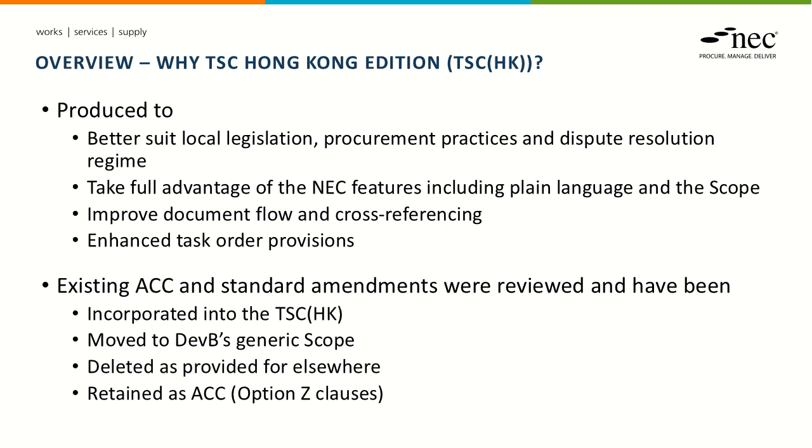In creating this edition, we have reviewed the Development Bureau's standard ACC and standard amendments, and where possible, incorporated them into the Hong Kong edition, or moved them into the Development Bureau's generic scope document. Some ACCs are still retained as standard Development Bureau Z clauses.